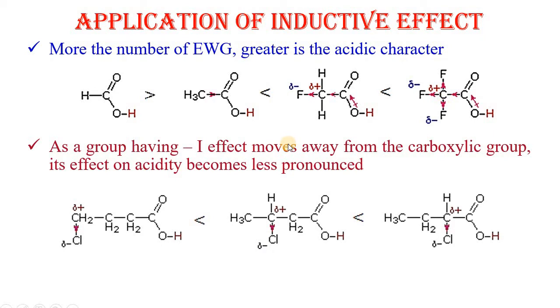As a group having -I effect moves away from the carboxylic group, its effect on acidity becomes less pronounced. For example, in case of 2-chloro, 3-chloro and 4-chlorobutanoic acid, 2-chlorobutanoic acid is a stronger acid compared to 4-chlorobutanoic acid because of proximity of -I effect.